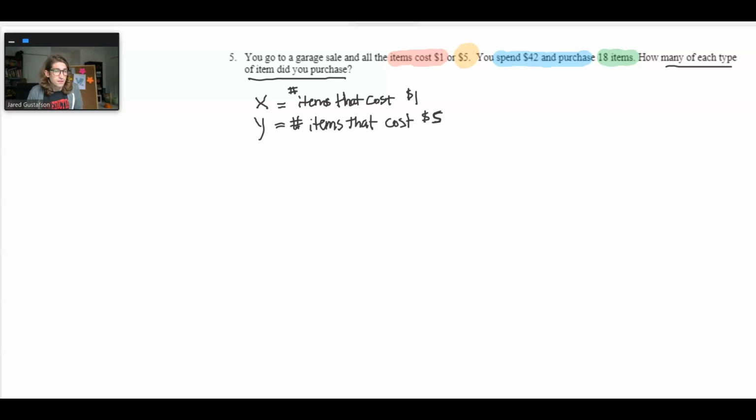So one of our equations deals with the number of items, and one of our equations deals with money.